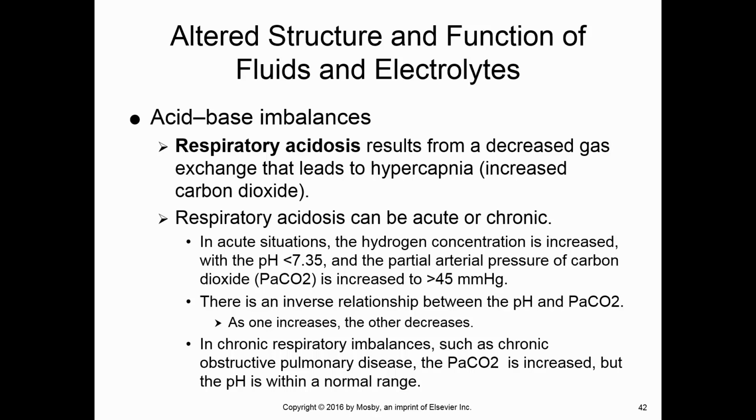Of course, it can be acute or chronic. And when we see respiratory acidosis, we see our pH number going down. So the lower the pH, the more acidotic you are, okay?